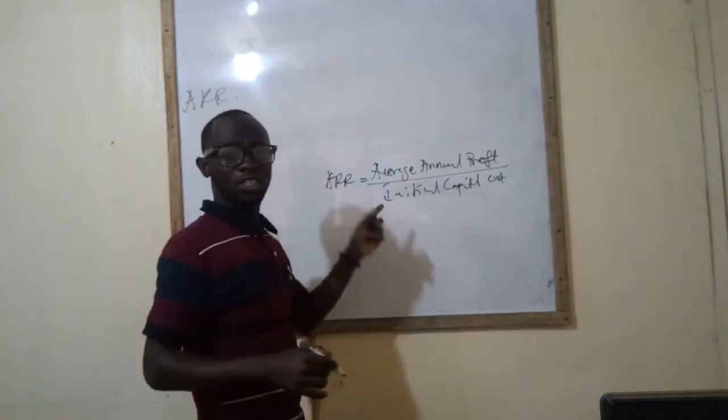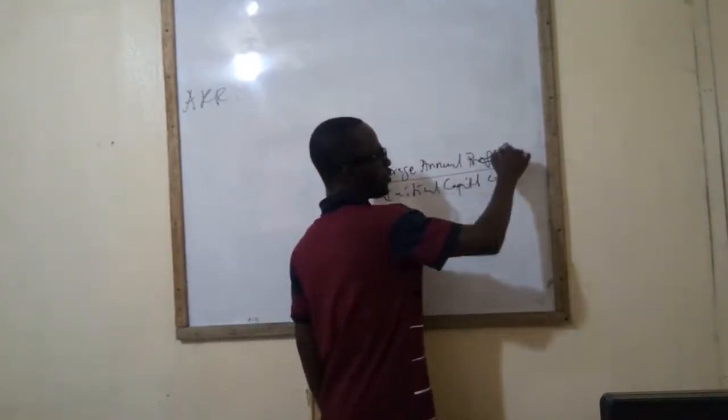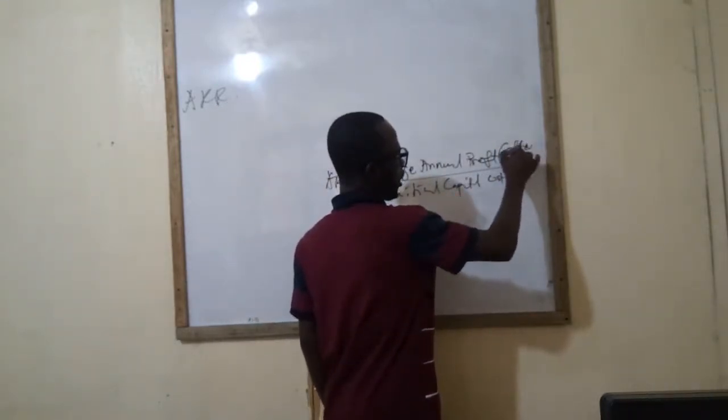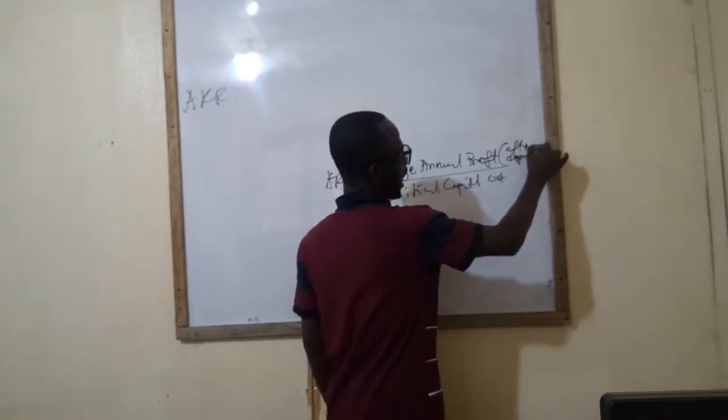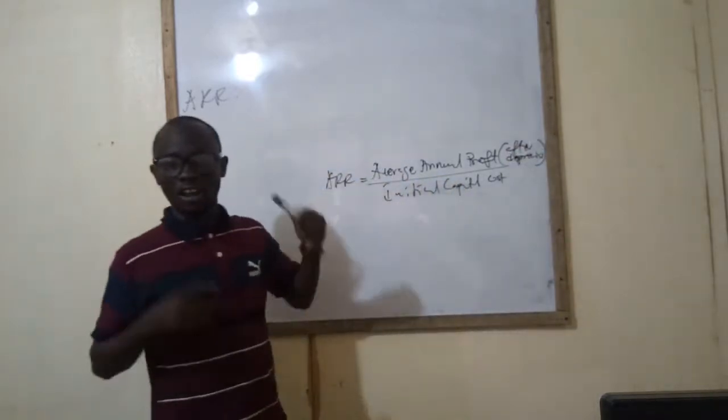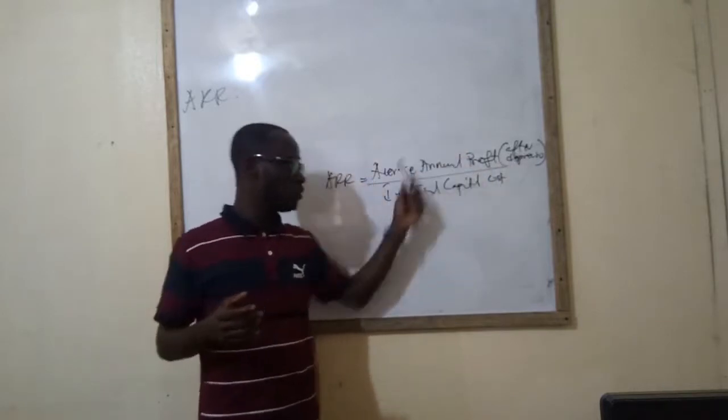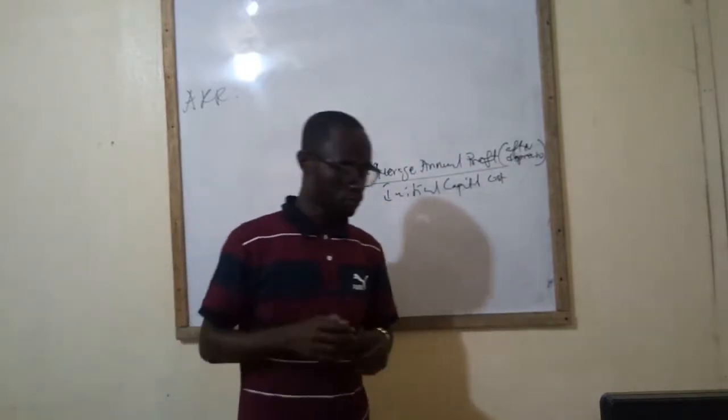When we say average annual profit, it's actually average annual profit after depreciation, so this is like accounting profit. So, average annual profit after depreciation divided by the initial cost.